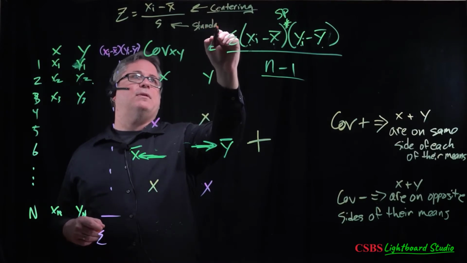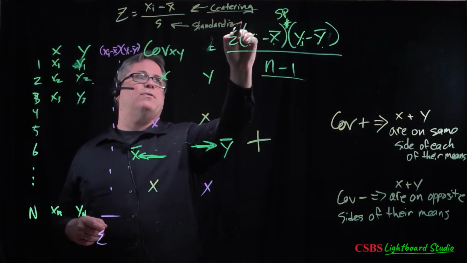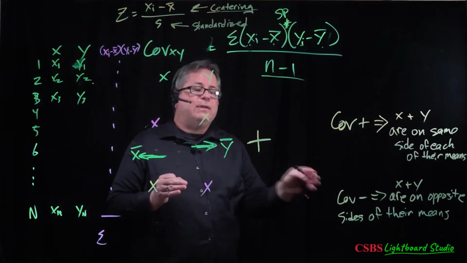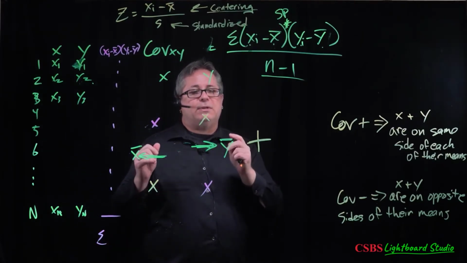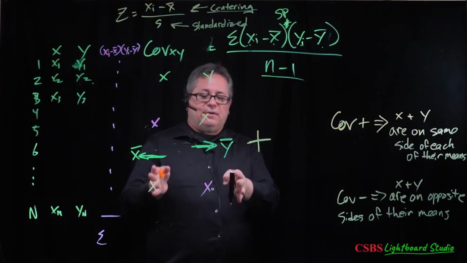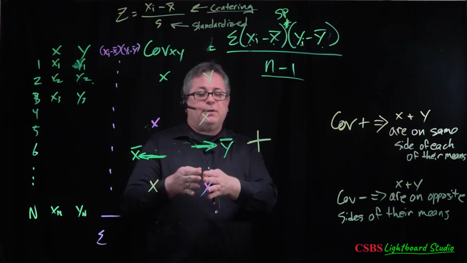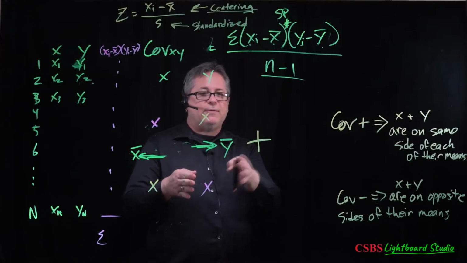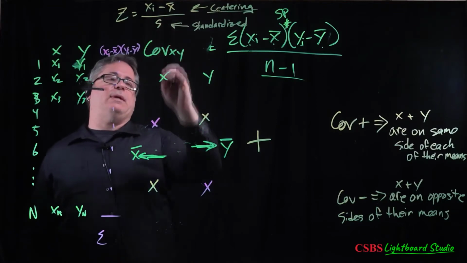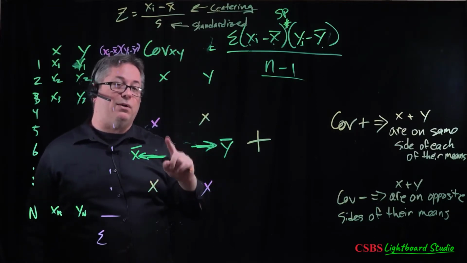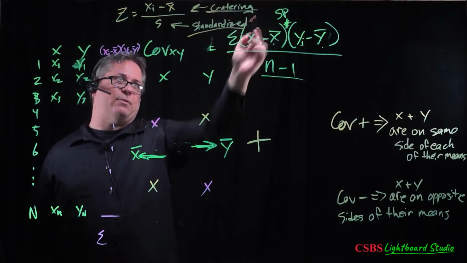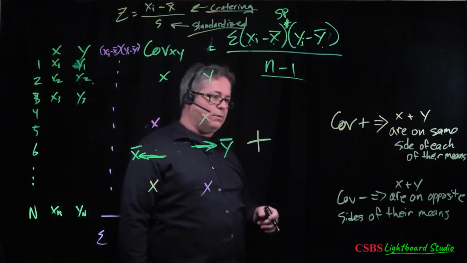It makes the movement of scores 1 unit, like going from saying 12 inches to 1 foot. It's making the amount of change from one standard deviation to the next 1 by dividing by a standard deviation. So dividing is standardizing it. The top is just centering it so that the mean is at 0.